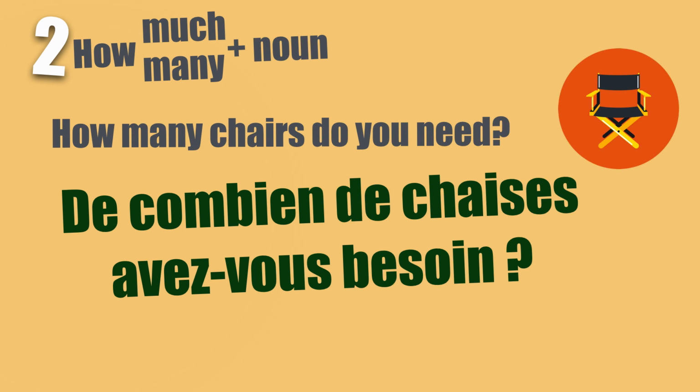It is a prepositional verb, and in the question, when you want to translate it need, you put de at the beginning of the question. So that's the reason why we've got twice the preposition de in this question. The first one is related to avoir besoin de. The second one is related to combien. De combien de chaises avez-vous besoin? Or if you know the person, de combien de chaises as-tu besoin?